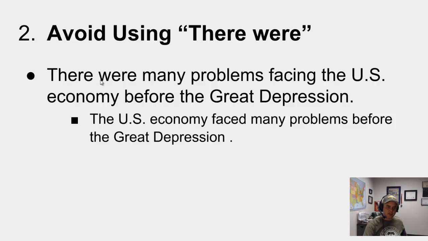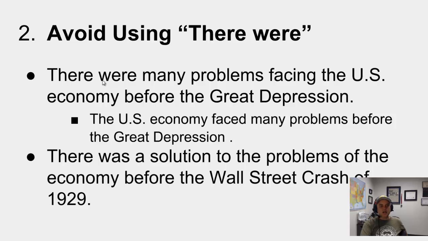We'll talk about that a little bit later. There was a solution to the problems of the economy before the Wall Street crash of 1929, right? That's another way of using there was a solution, right? So we want to get rid of the word there.